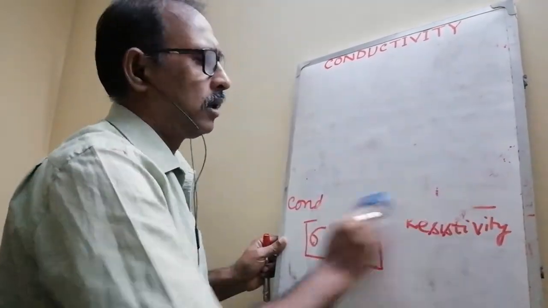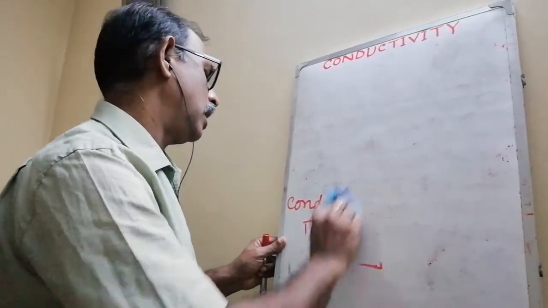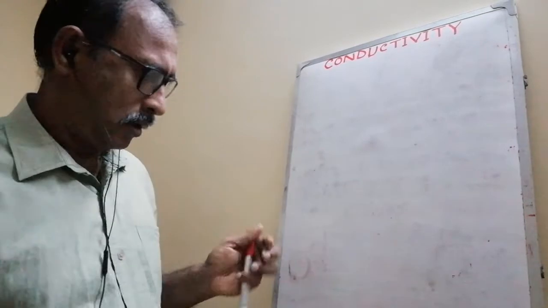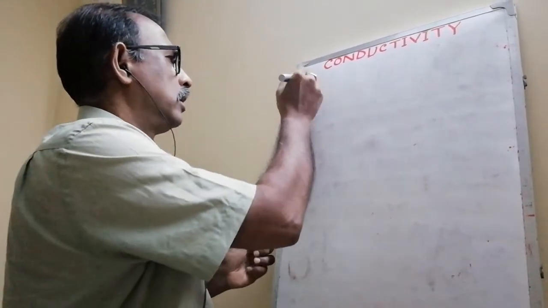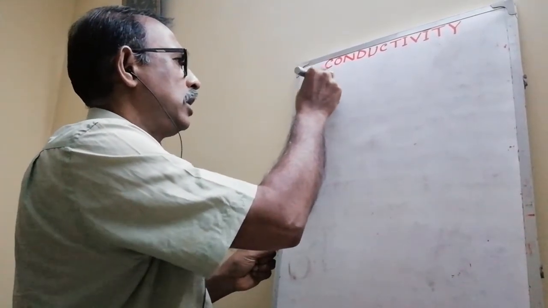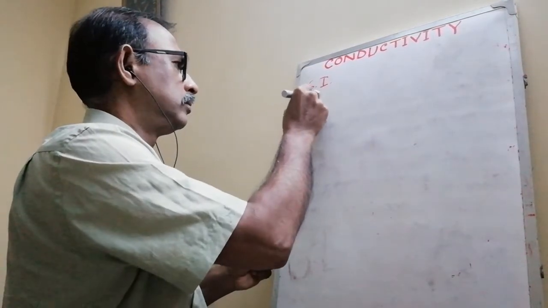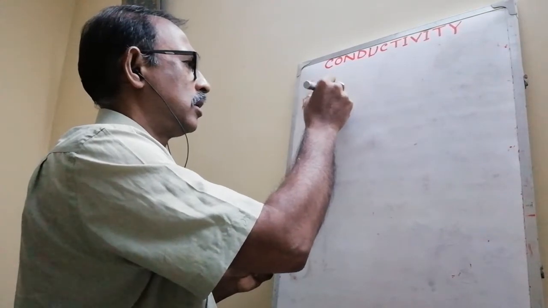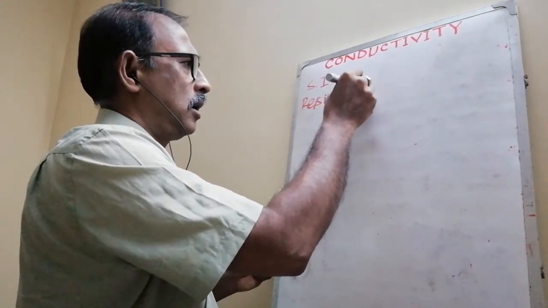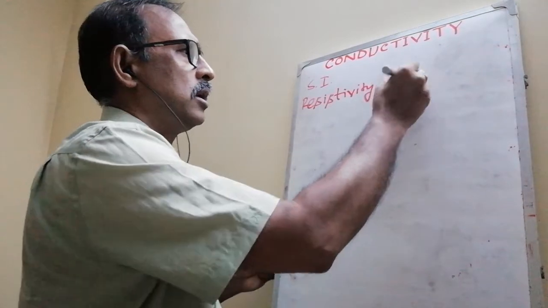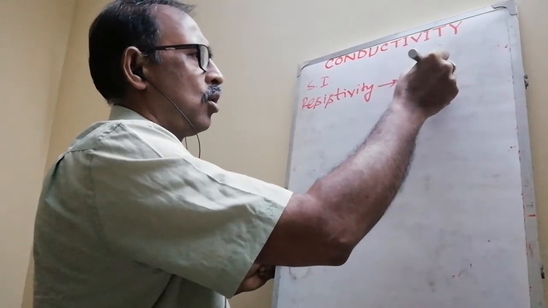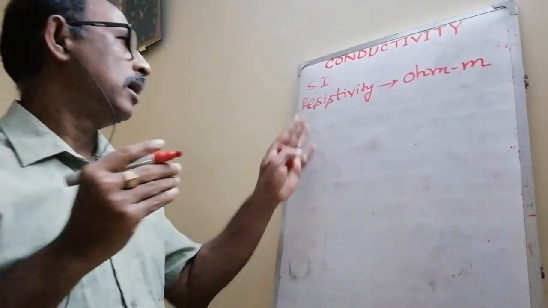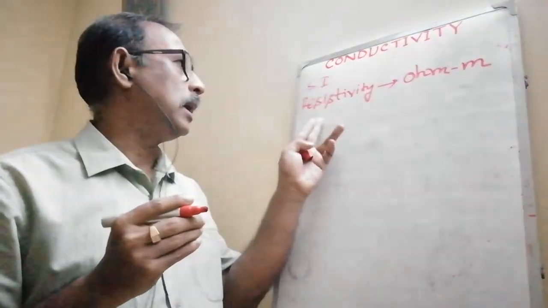Here we know that the SI unit of resistivity is ohm meter. This is the unit of resistivity in the SI system.